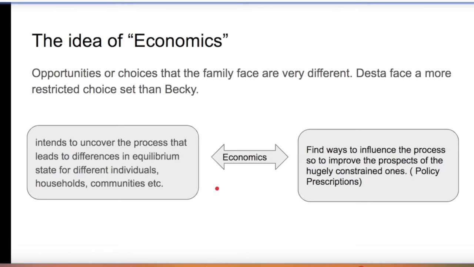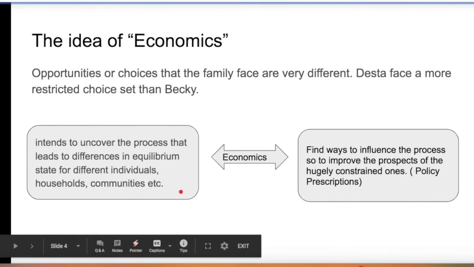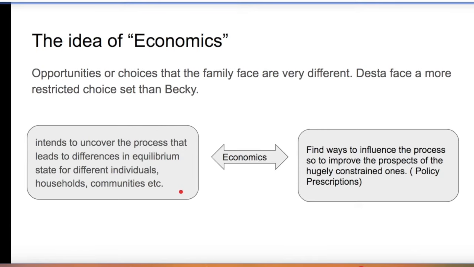So we really are interested in knowing what could be the possible factors that have affected these two lives so differently. And then once we know these factors, once we make a list of factors, then we try and find ways to influence their trajectory such that they don't have such huge differences amongst themselves.